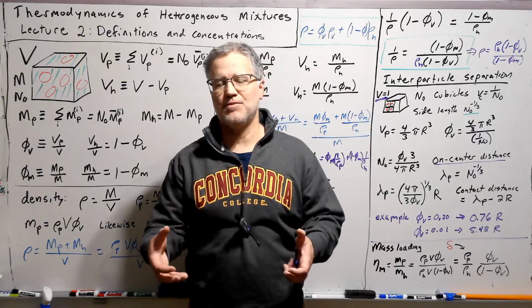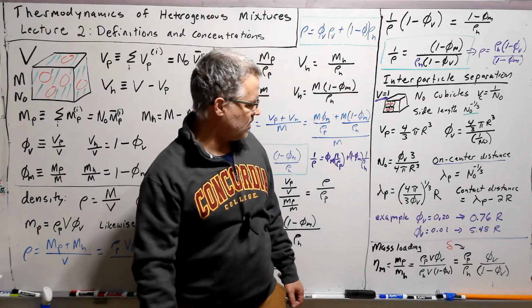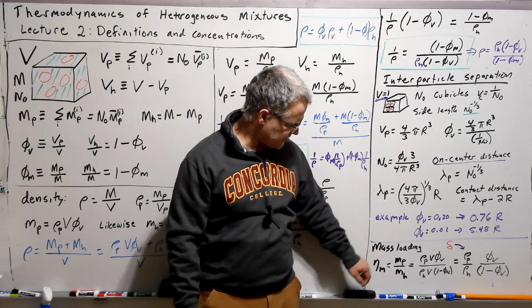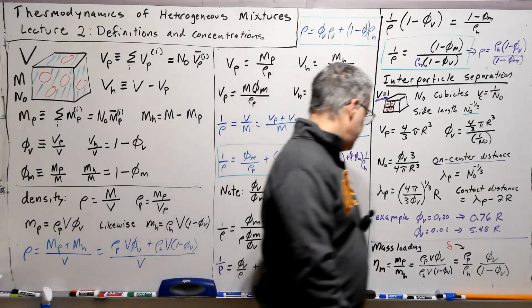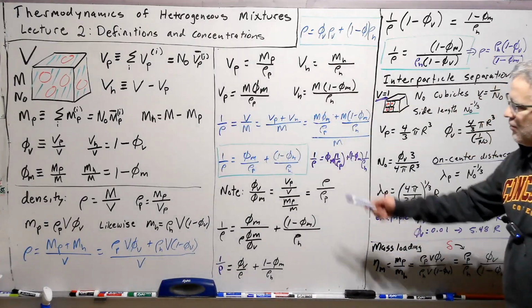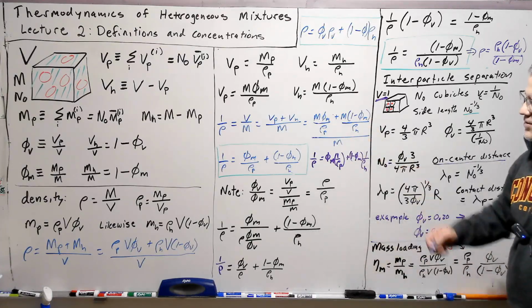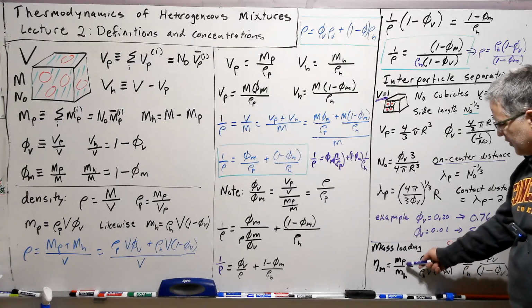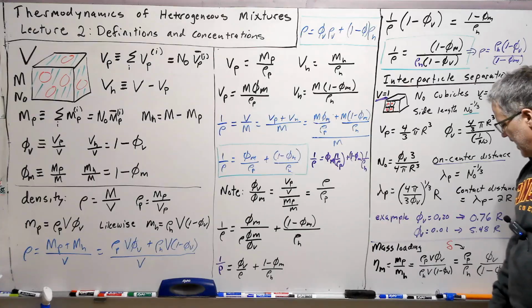If you had cube-shaped particles, then of course you could fill a larger volume. And the last thing we want to talk about here is something called mass loading. So this is just the mass ratio. Most of these percentages are in terms of component over the total. Now we're looking at the ratio of the particle mass to the host mass.